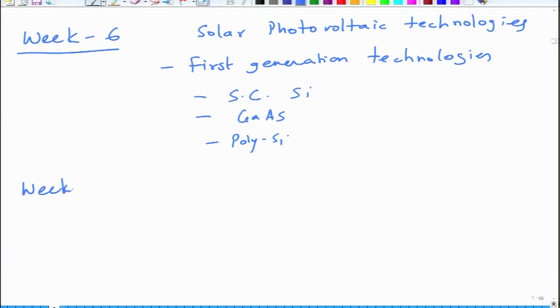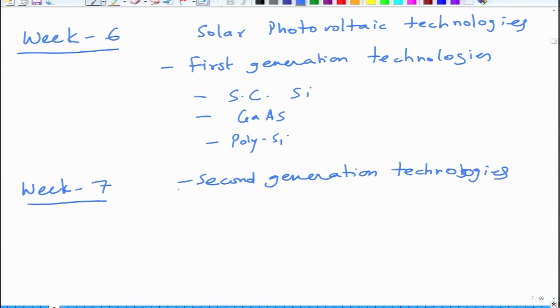Then similar issues we will talk about in week 7 about second generation technologies. Second generation technologies are basically around thin film technologies. So the first generation ones are essentially bulk technologies, where a thick wafer is used to make a solar cell.